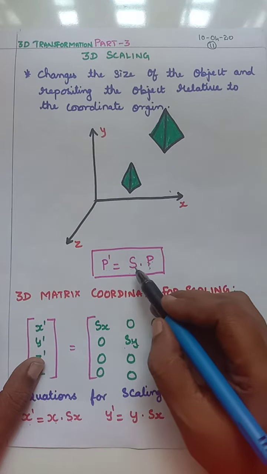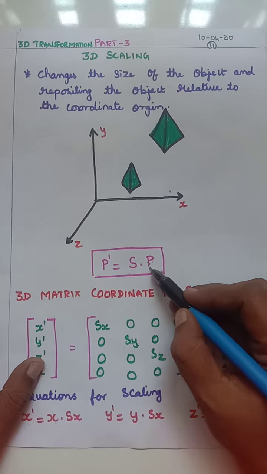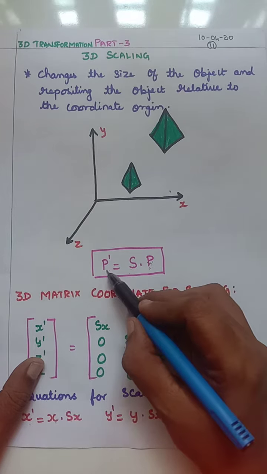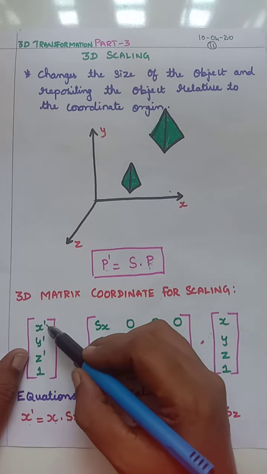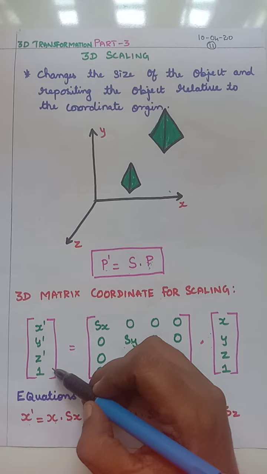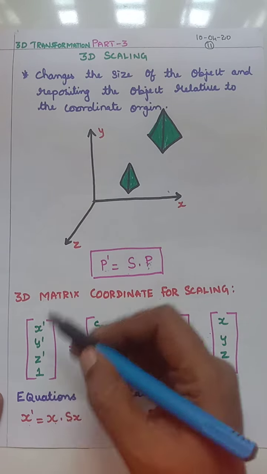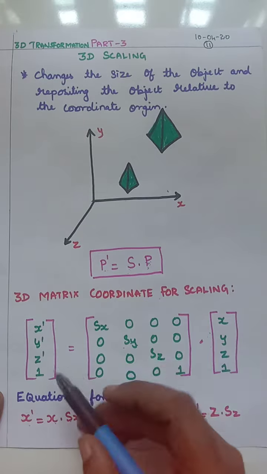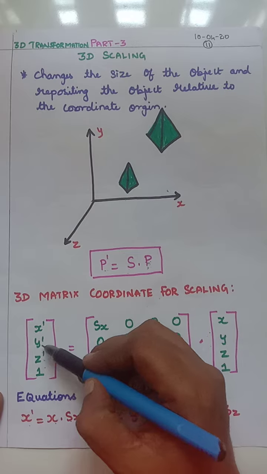So performing some scaling operations on the old object with the coordinates x, y and z will give you a new position value, say x dash, y dash and z dash. So this is the 3D point homogeneous coordinate representation of the 3D scaling. X dash, y dash, z dash are the new coordinates that are obtained after the scaling operation.